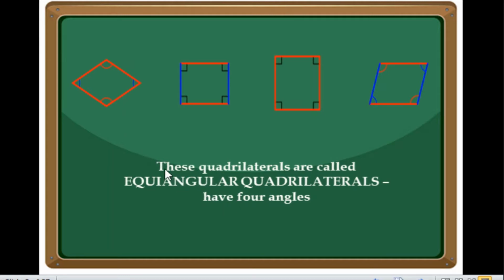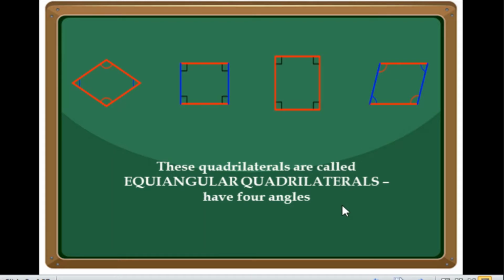These quadrilaterals are called equiangular quadrilaterals for they have 4 angles. These 4 figures on the screen are called equiangular quadrilaterals. Why?